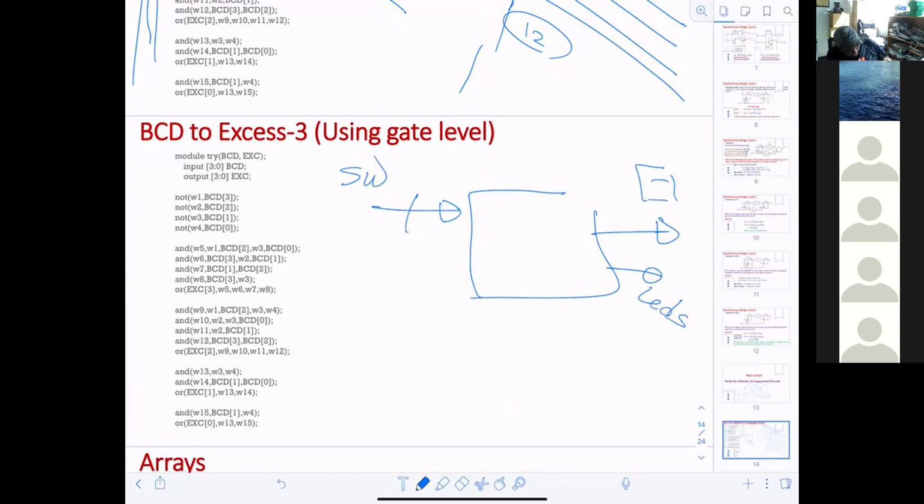Then I will have a switch here. I will write here, let's say 4. Then when this switch is equal to 1, the output will come here to be 7, because this is the excess-3 equivalent. And it will write to me here in binary in the LEDs, 7.